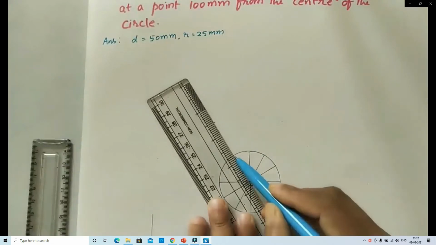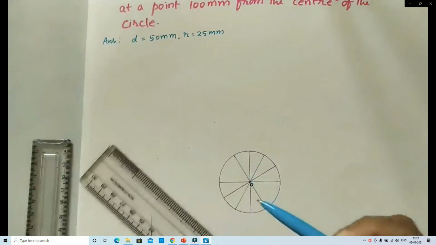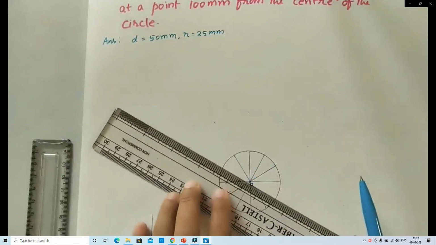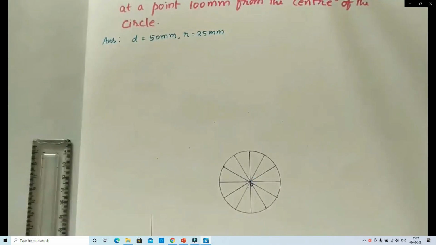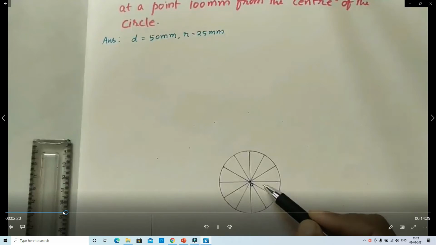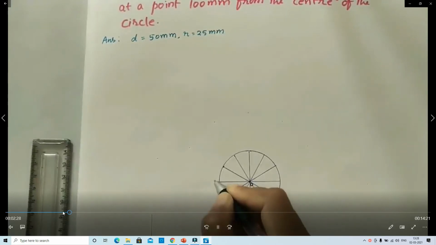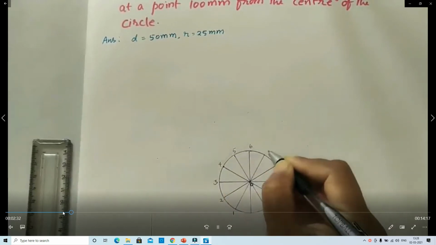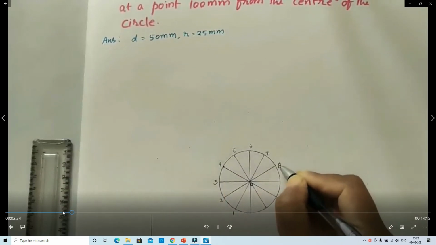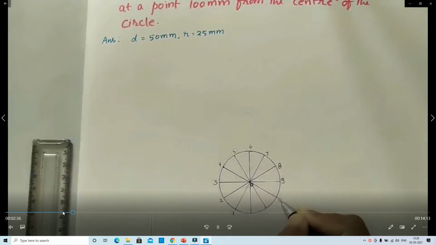Now the 12 points we identified and named: 1, 2, 3, 4, 5, 6, 7, 8, 9, 10, 11, 12.